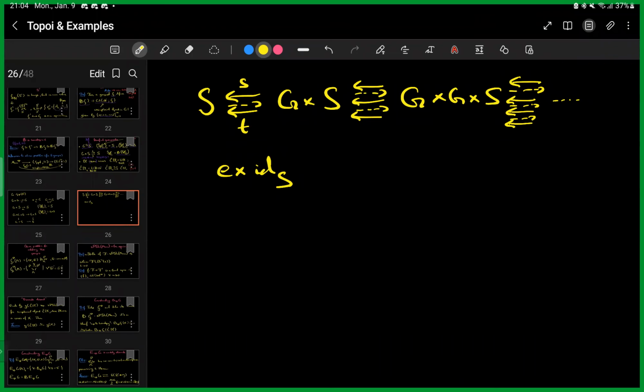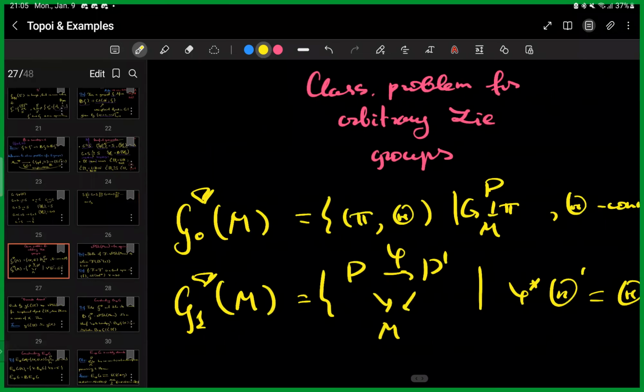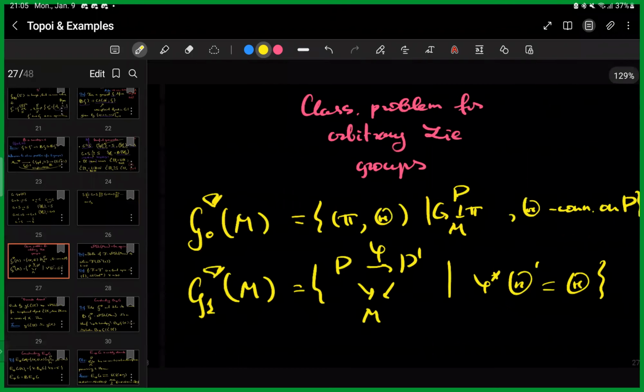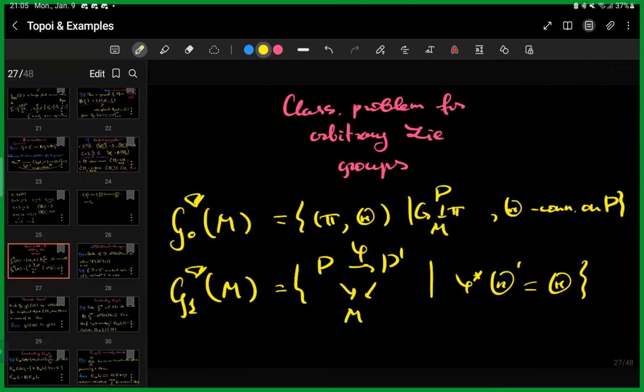Okay, but we described two examples of useful groupoids. Let's now try to solve our problem for arbitrary Lie groups.